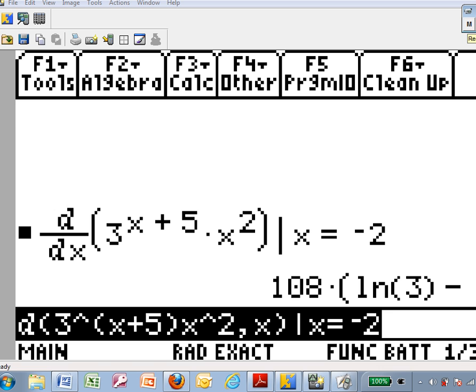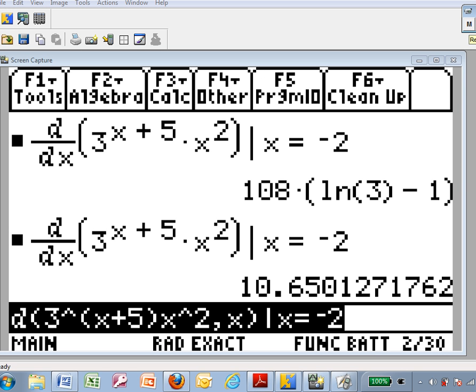When I hit enter, I get this nice long drawn out information. This isn't my answer. So what I want to do now is hit diamond enter and get a decimal answer. Now you can see that I hit diamond enter and I get an answer of 10.6501271762. And if you remember, I've told you before, we're going to use 3 decimal places when we do this.